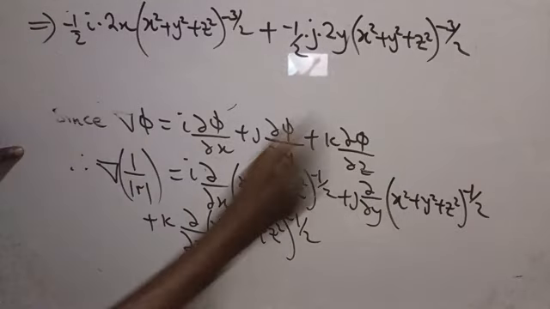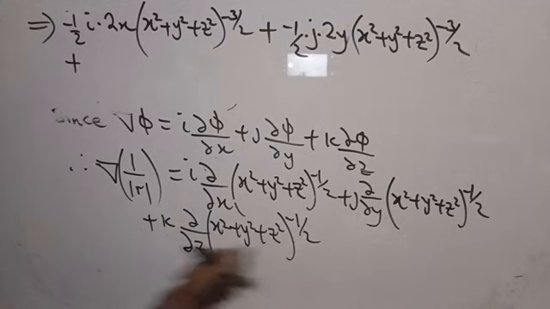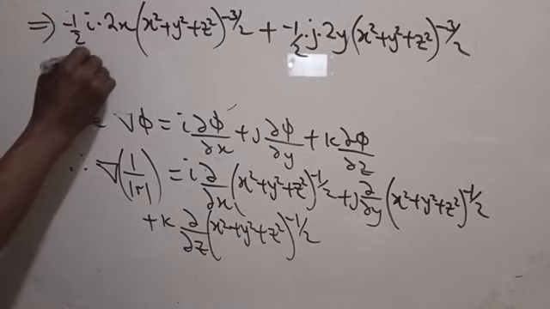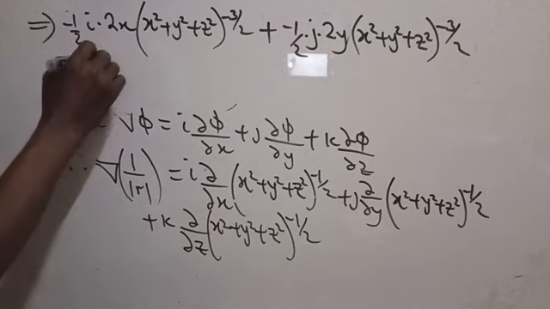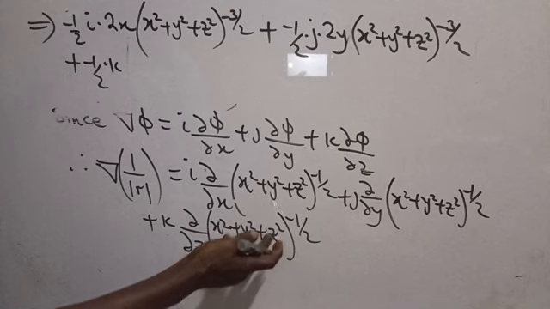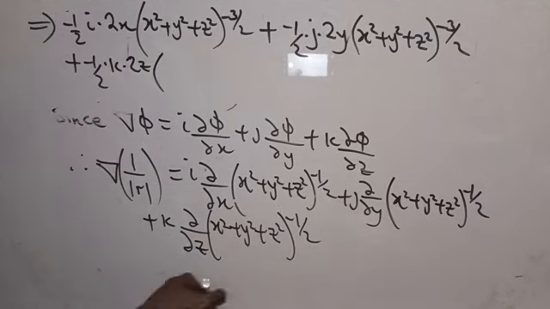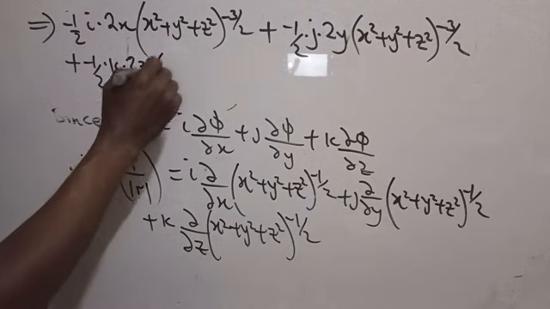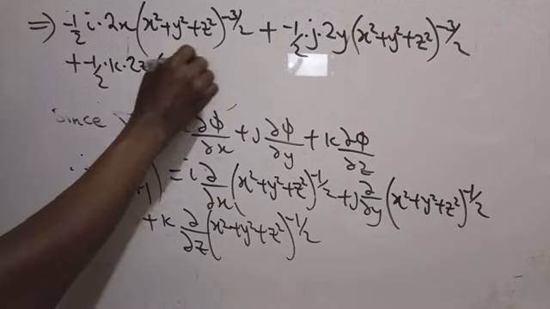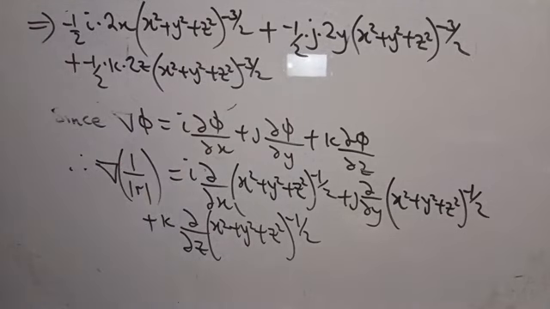Then plus the last one, k: we bring minus half out, then 2z, because we are differentiating z squared, into everything. Subtract 1 from the power, x squared plus y squared plus z squared raised to minus 3 over 2.